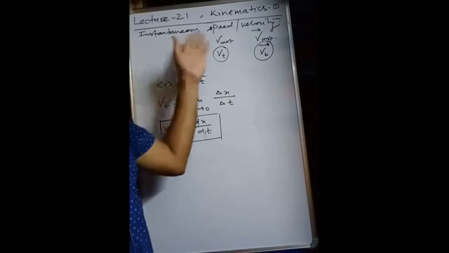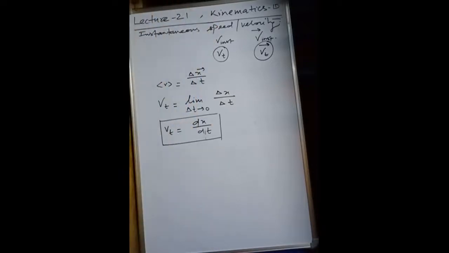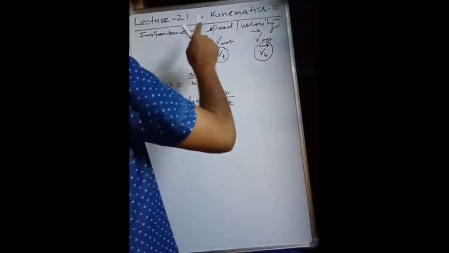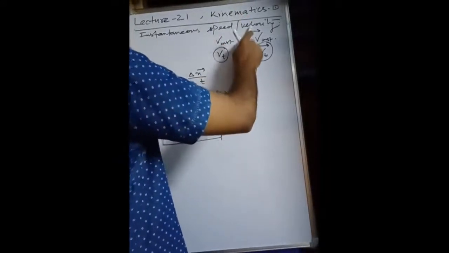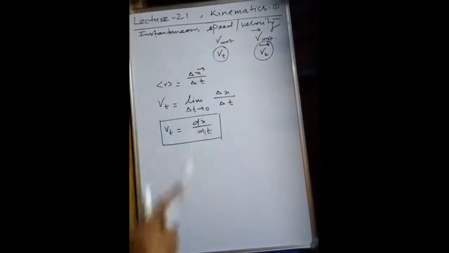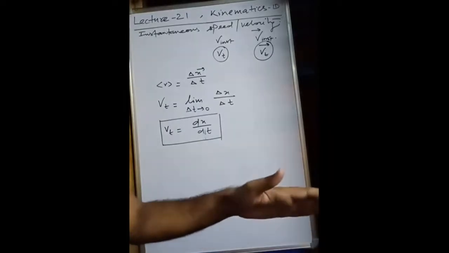Actually, the definition of instantaneous speed or velocity, my dear student, is the speed or velocity measured at any instant. Suppose you are riding a vehicle and you leave your home at a certain time with a certain speed, but till the destination, I'm sure that you don't reach with the same speed.